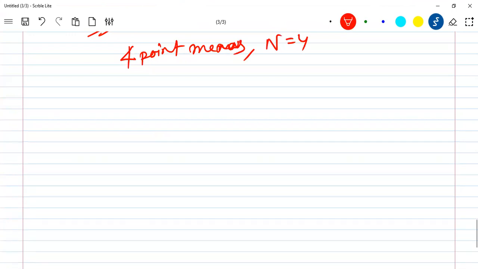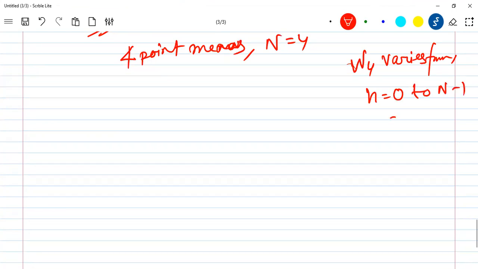So capital N equals 4 means the phase W_4, where n varies from 0 to 3. N minus 1 means 0 to 3. So W varies from W_4^0 to W_4^3.